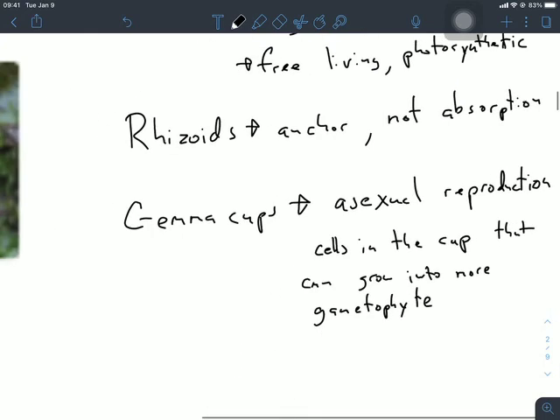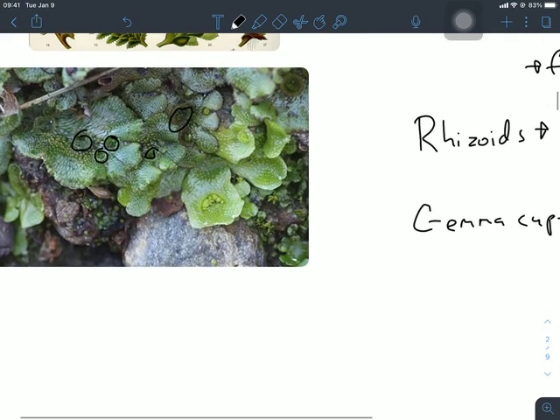But they're very clever in that the gametophyte itself needs a lot of water in order to grow. These gemma cups have these very particular wall structures that require raindrops to splash on the cup to spread the cells around so that new individuals can grow.